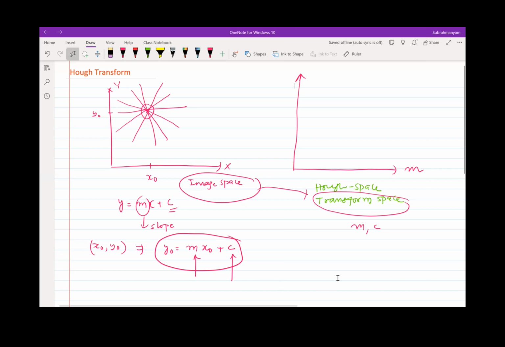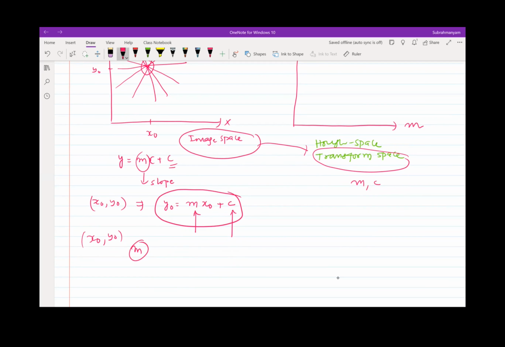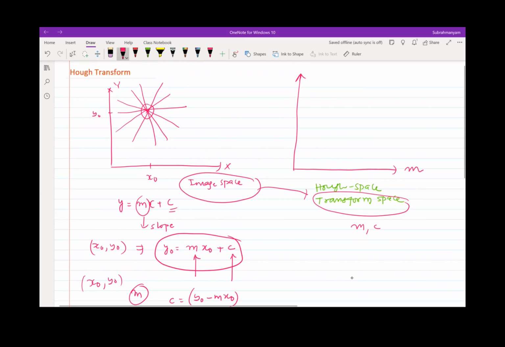Is the choice of c unique? It is unique, sir. Right. What is the c value then, if I give you the m value? How do you know the c value? y naught minus m x naught. That's all. That should tell you the c value for a given point x naught comma y naught.